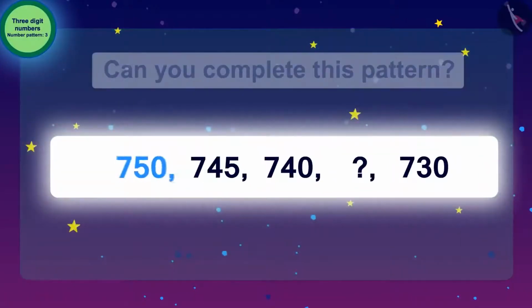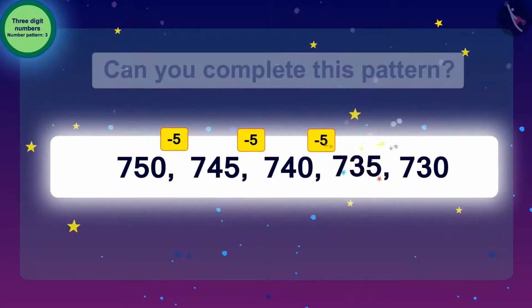If we need to get 745 from 750, we need to subtract 5 from it. To reach 740 from 745, we need to subtract 5 again. Now if we want to know the next number after 740, we have to subtract 5 again, which will give us 735.